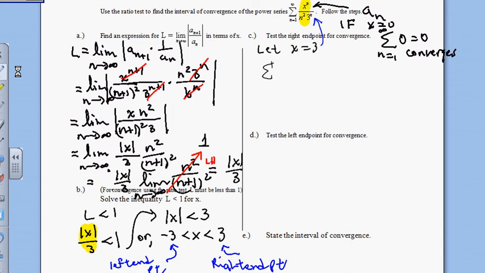Summation of 3 to the n over n squared times 3 to the n. Notice that now a nice cancellation takes place. The 3 to the n's cancel out. So we're left with the following series. The series of 1 over n squared, which converges.